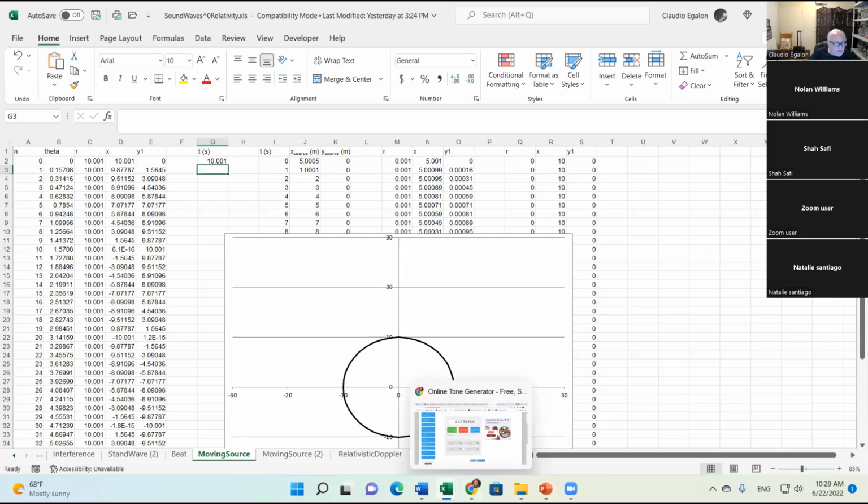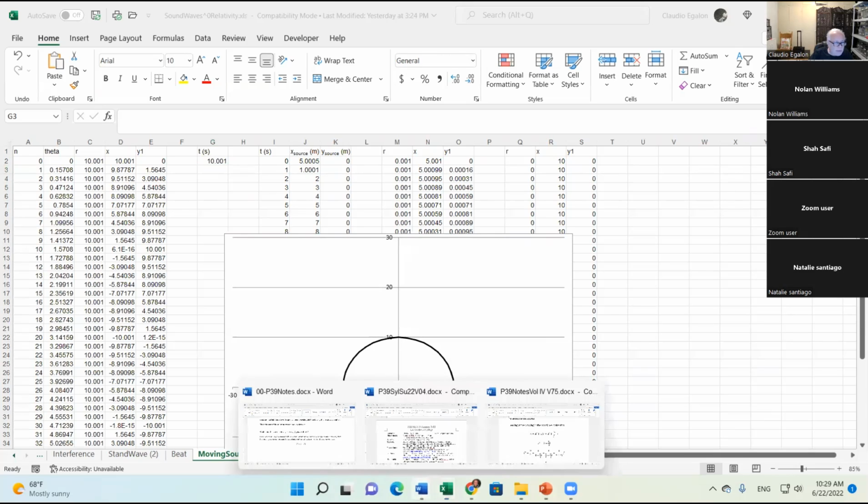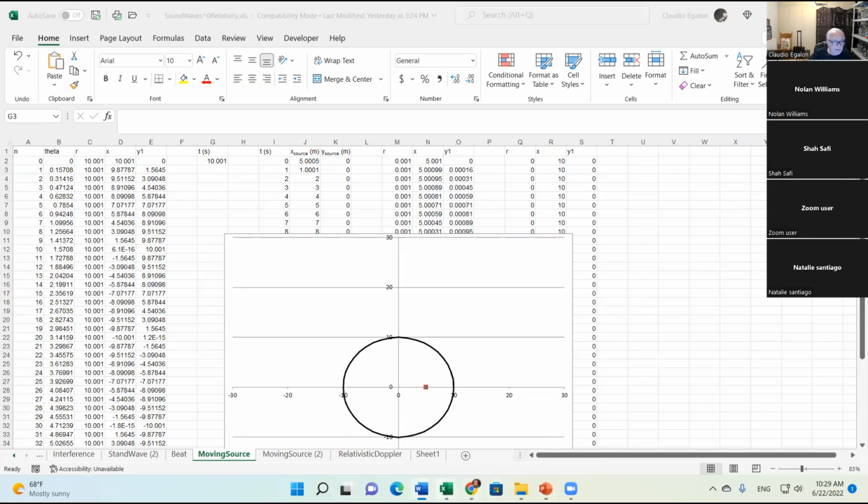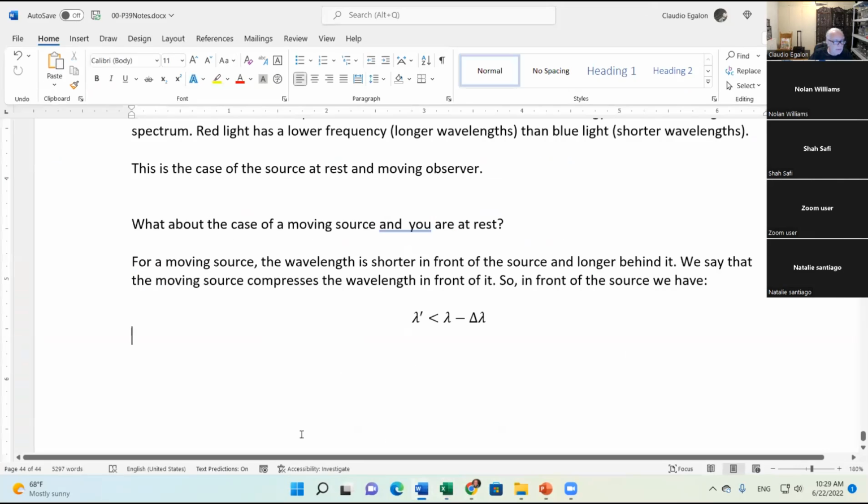So what we can do is to state that the new lambda equals... Sorry, I'm supposed to put an equal sign here, okay?